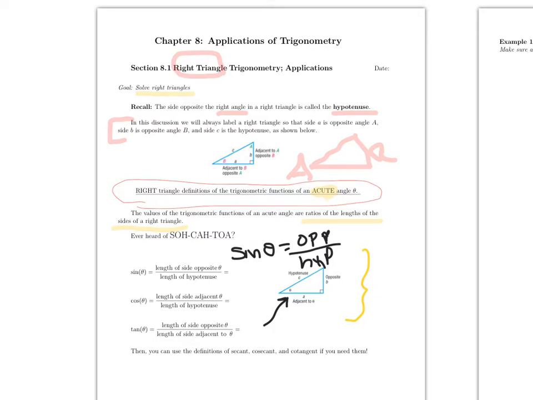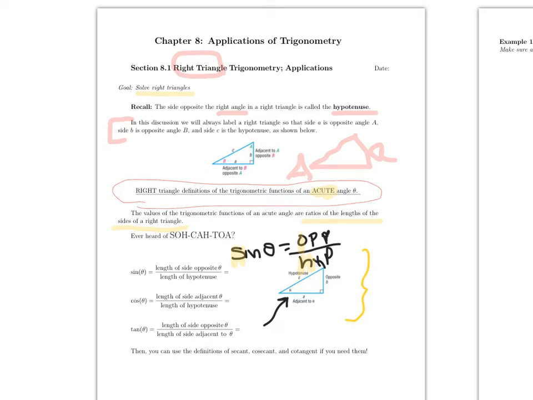So here you can see where SOH comes from in SOHCAHTOA. Sine is opposite over hypotenuse.